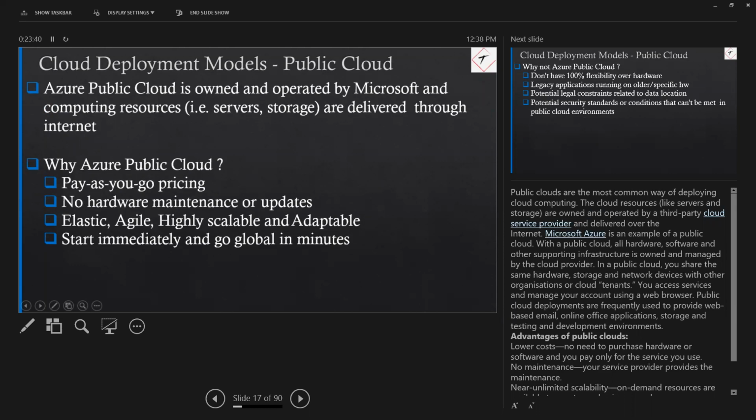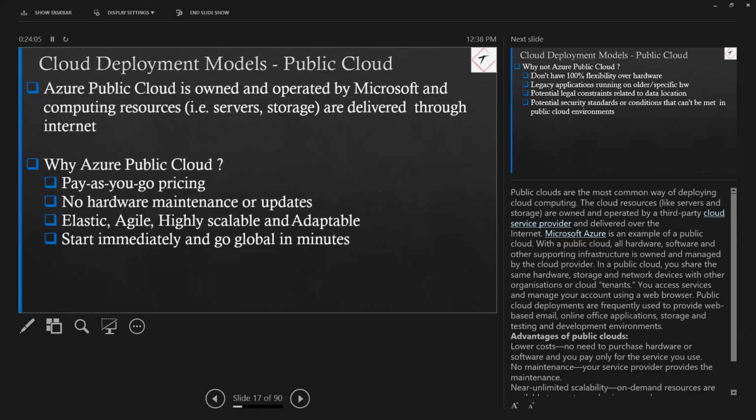In terms of public cloud, let's say you choose Azure to go for public cloud. It is completely owned by Microsoft. Every hardware, including servers and storage, is delivered through the internet. The benefits of using public cloud: it is pay-as-you-go pricing.